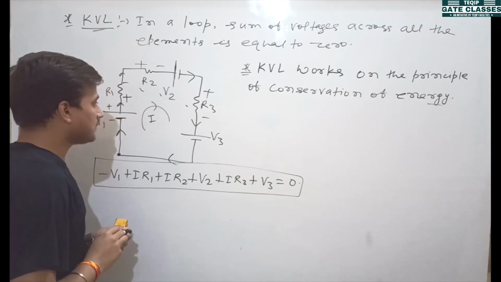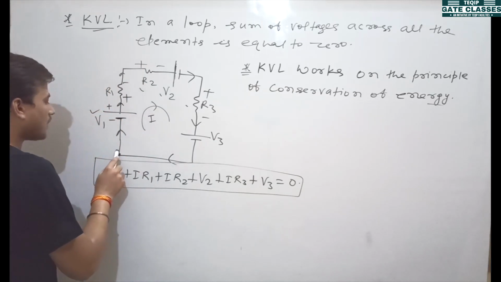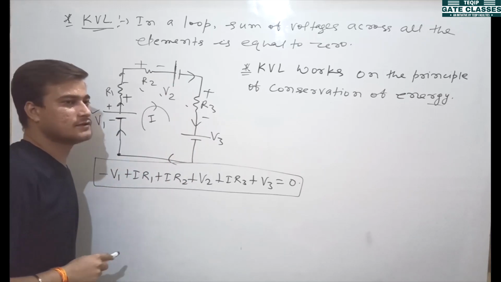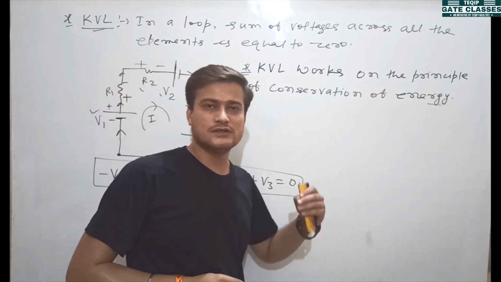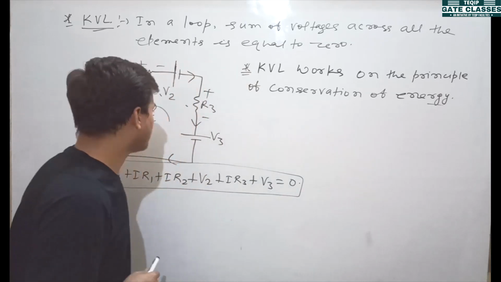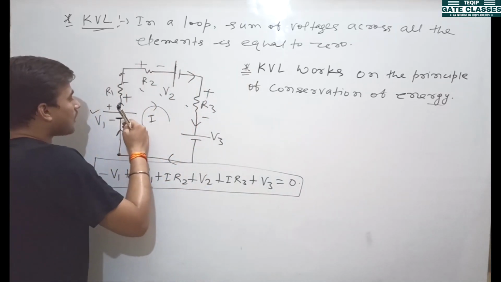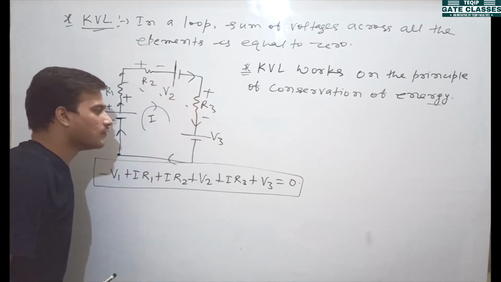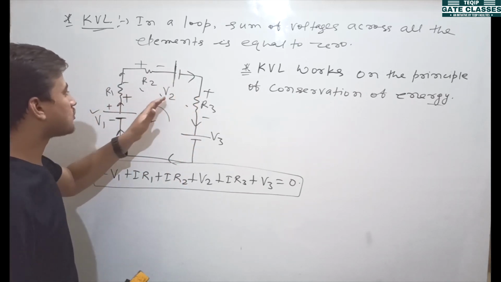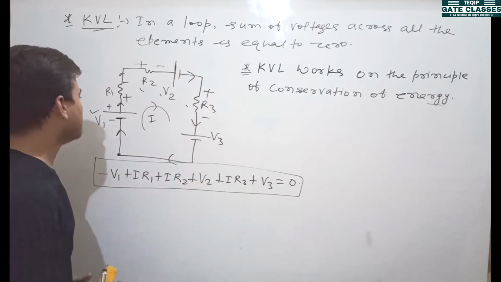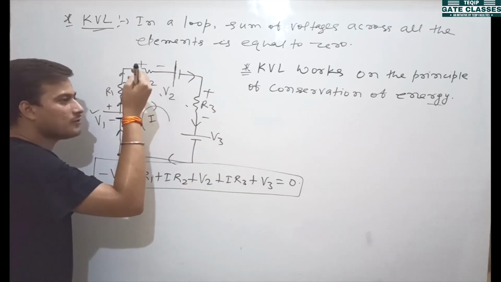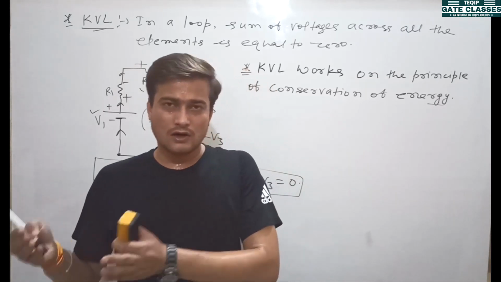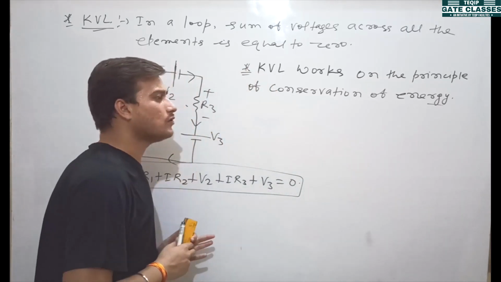Let us see how. You are starting from one point and you are coming back to the same point. You see that there is some gain in the voltage, at the same time there is some loss in the voltage. That means the voltage drops are nothing but voltage loss and voltage rises are nothing but voltage gain. So total gain is equal to total loss.